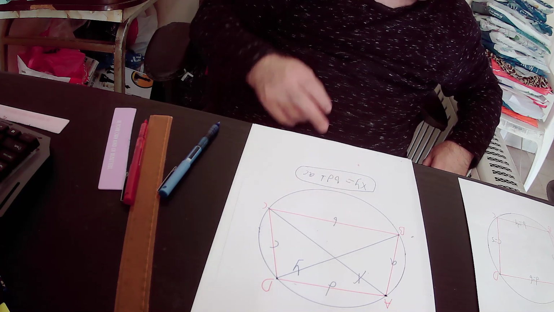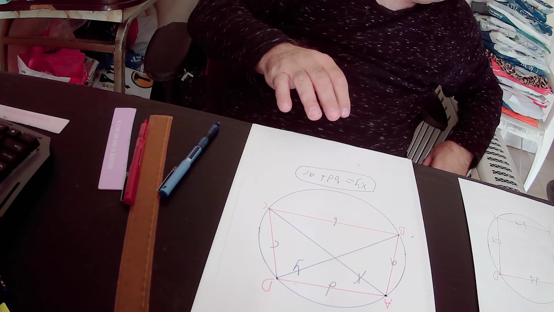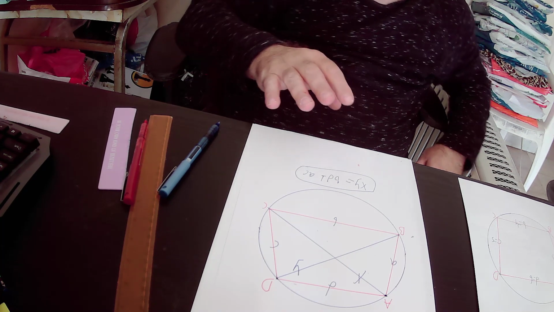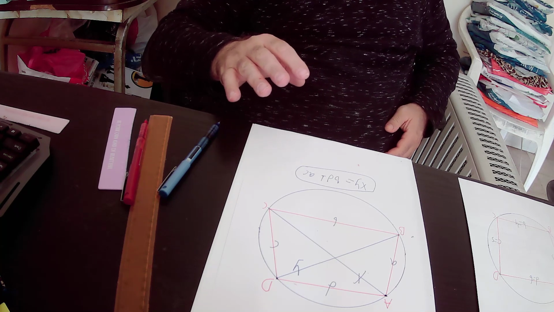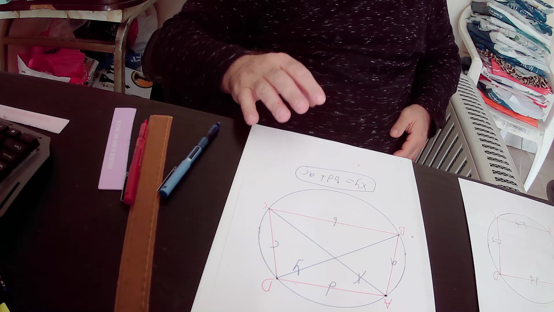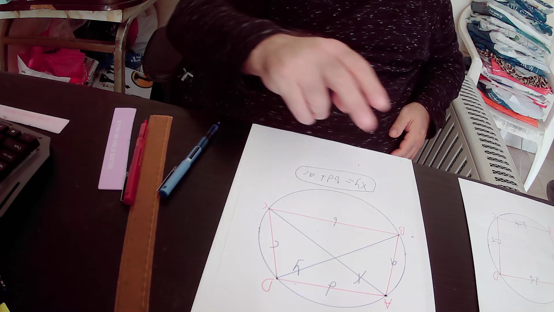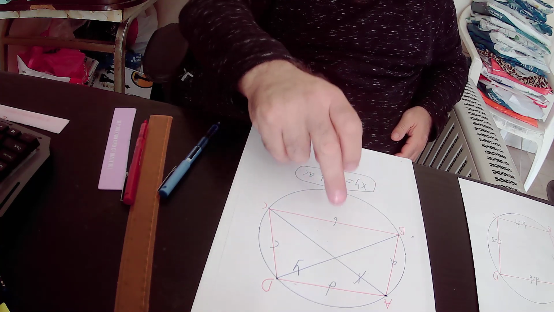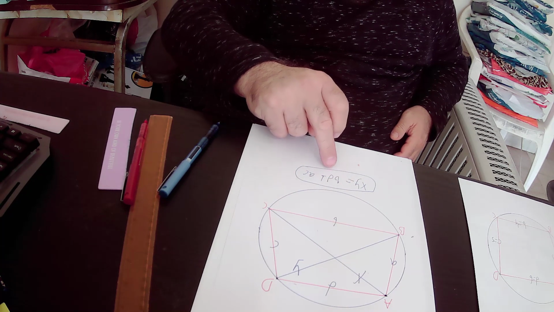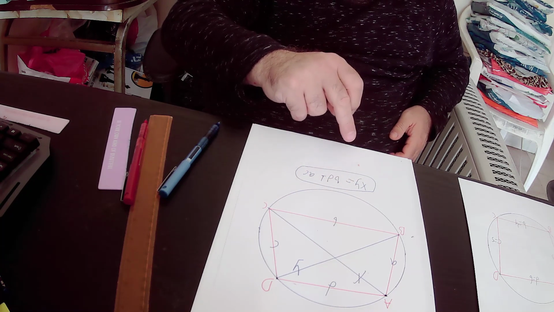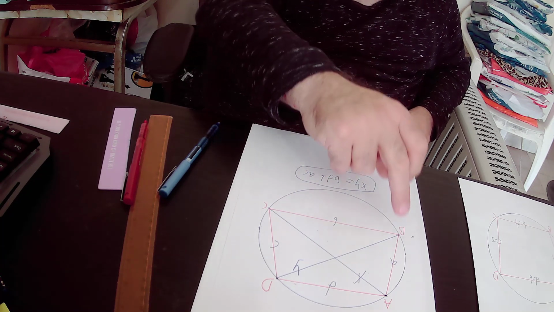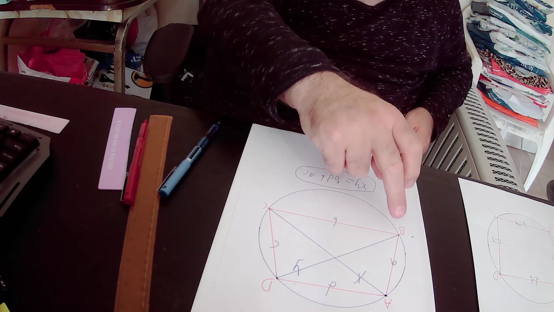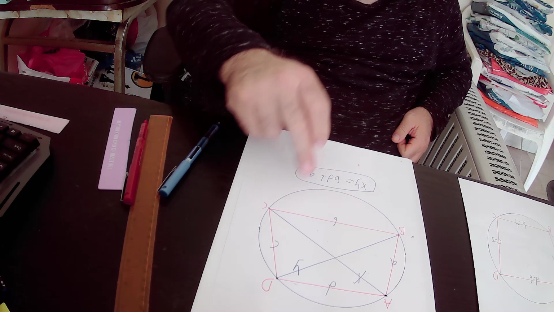Okay? Because actually quadrilateral ABCD has two pairs of opposite sides. AD is opposite to BC, and the product of those two opposite sides is BD, and the second pair of opposite sides is AB opposite to DC, and the product of those two opposite sides is AC.